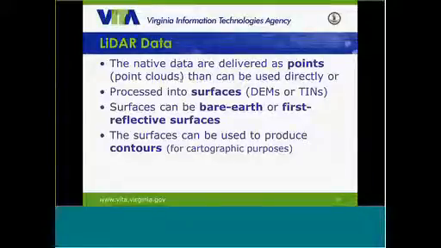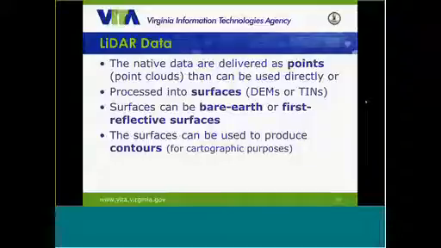They can be used directly in some ArcGIS applications, or they can be processed into surfaces, either digital elevation models or TIN-type surfaces. When the data is delivered, it's usually, or always, classified to ground and non-ground.